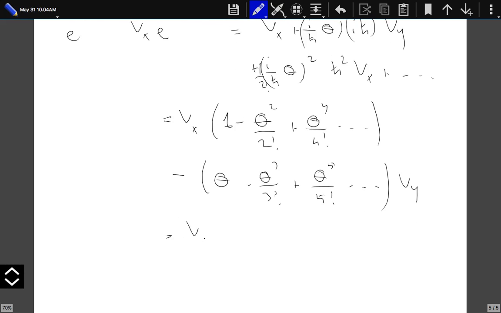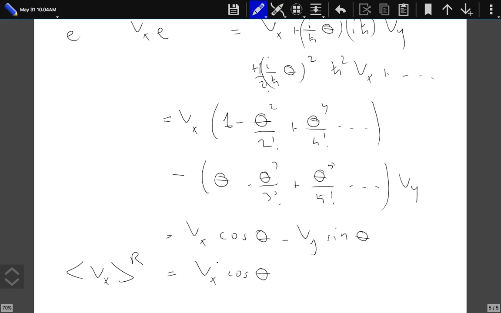So this is Vx cosine theta minus Vy sine theta, which basically tells me that the expectation value of Vx under rotation is the expectation value of Vx cosine theta minus the expectation value of Vy sine theta.